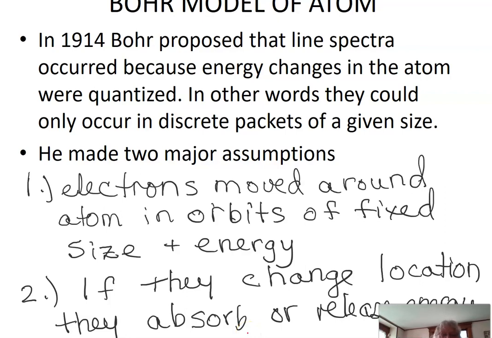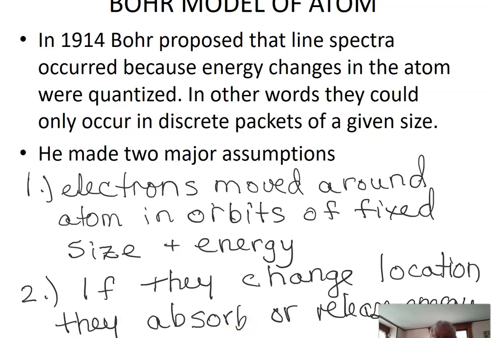The first thing he said was that electrons moved around the atom in orbits that had fixed size and energy. This is that planetary model of the atom that many of you learned back in middle school, the idea that the electrons orbit the nucleus of the atom much like the planets orbit the sun.